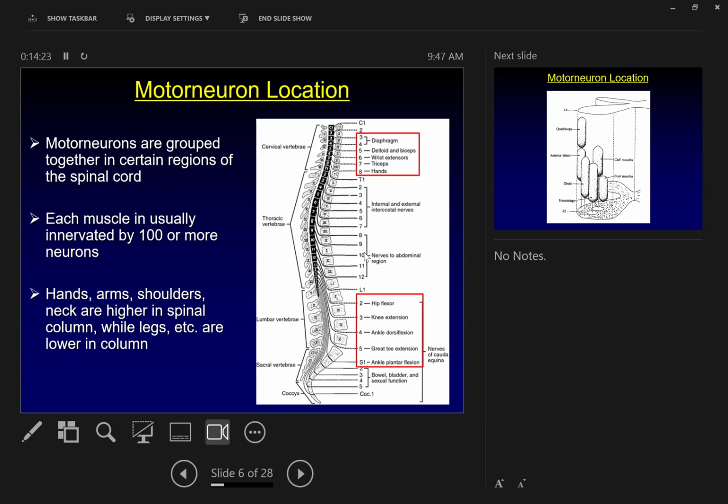Why would it be useful for the diaphragm to be as close to the brain as possible? This is the fun part that everybody hates. Speed. It's closer, so I can get it to contract faster.